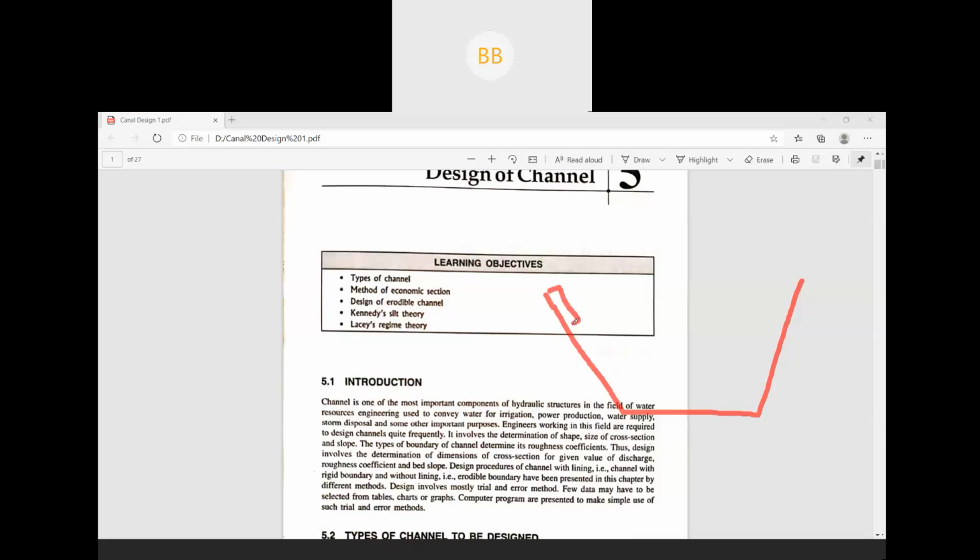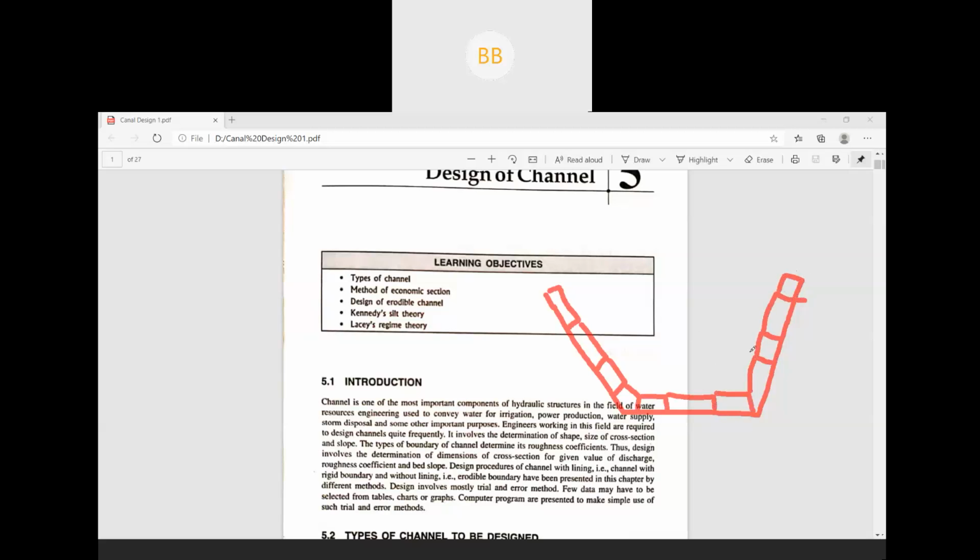Or if we do some brick construction to line the canal, then your boundary of the canal is fixed. Your boundary of the canal is fixed.